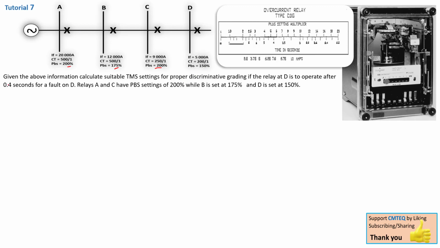So we'll see that the first relay here is operating in 0.4 seconds, so we're going to use the grading margin. That will mean that every time we move from this relay to another, we're going to be adding to the time.